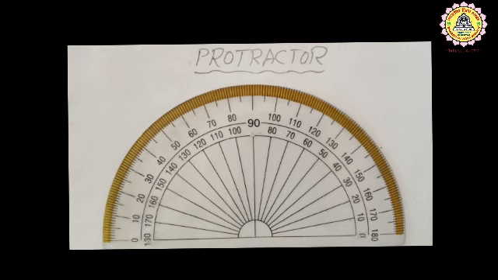For example, if you want to draw a line segment or line, or if you want to measure a line or line segment, what are we using there? We are using a scale, to measure the line or line segment or to draw it. Okay, like that, to measure an angle or to construct an angle, what do we need?